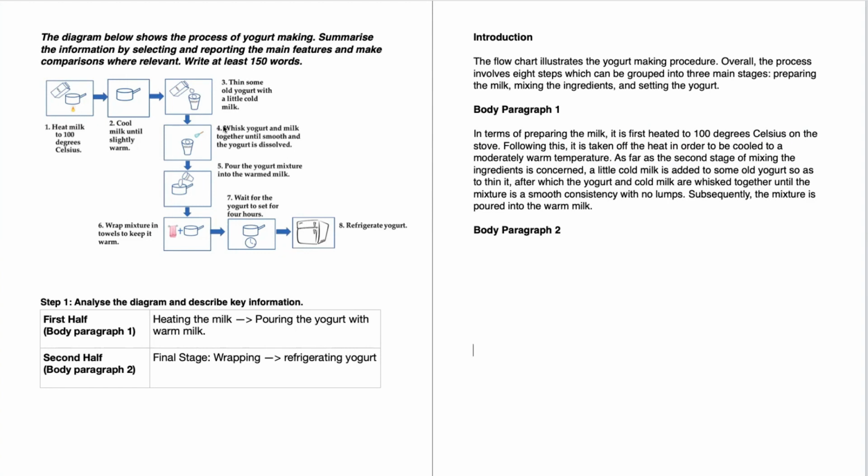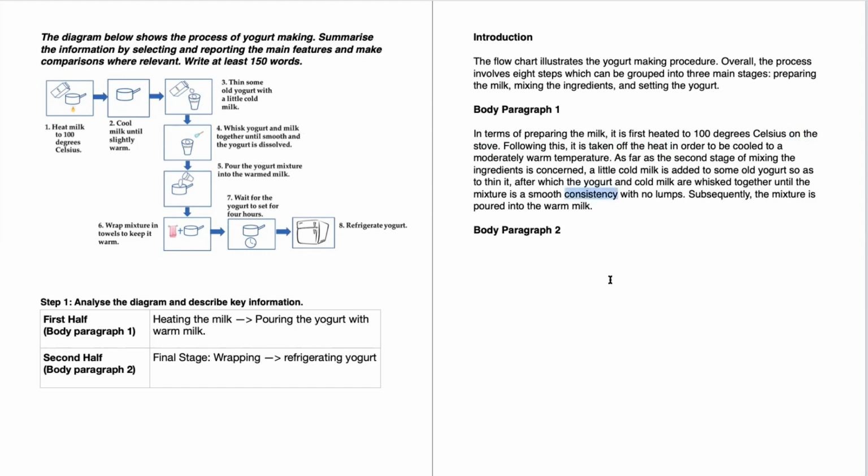Then I said that it is taken off the heat in order to be cooled. So I've also added this as well. It's not just going to be heated and then cooled automatically. So I said it is taken off the heat. And then as far as the second stage of mixing the ingredients is concerned, a little cold milk is added to some of the old yogurt, okay? And then it's whisked together until the mixture is a smooth consistency.